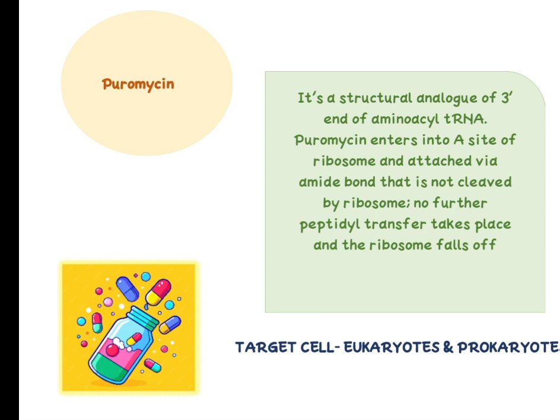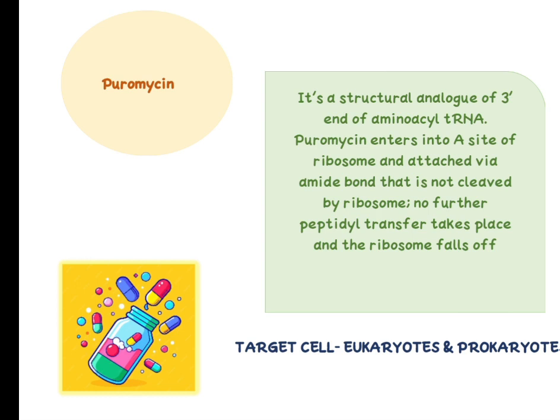Next is puromycin. This is an interesting antibiotic which is structurally similar to the 3' end of amino acyl tRNA. As it is structurally the same as the amino acyl tRNA end, the ribosome easily accepts the puromycin.